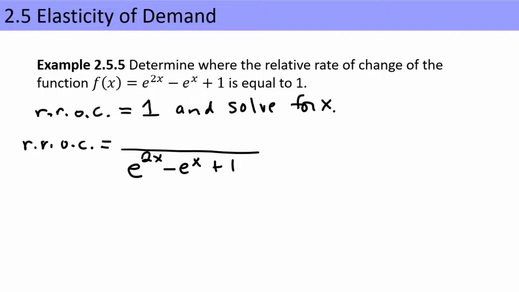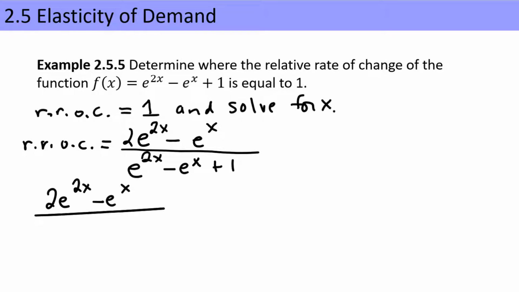The derivative of e to the 2x is e to the 2x times 2, minus the derivative of e to the x, which remains e to the x, and the derivative of the constant 1 is 0. Now we will take the 2e to the 2x minus e to the x divided by the function e to the 2x minus e to the x plus 1, set it equal to 1, and this becomes an algebra problem.